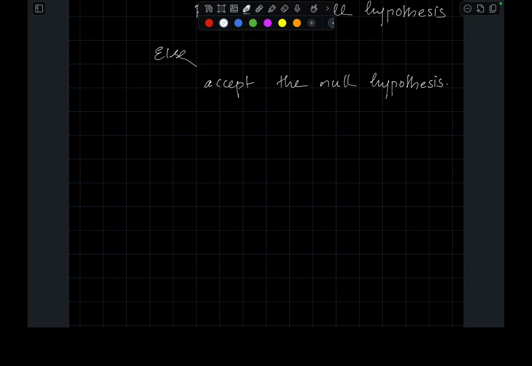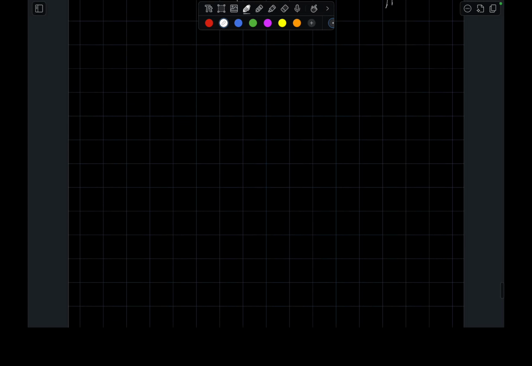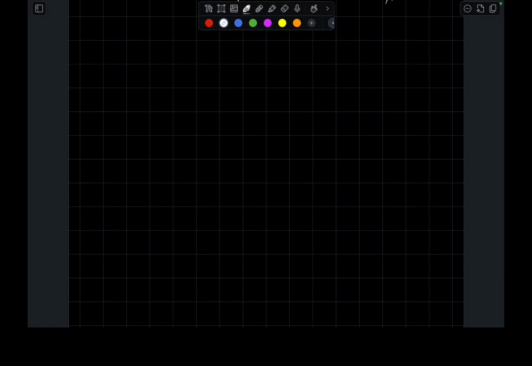And how are we doing that? We are doing that by checking if the p value is less than or greater than the significance value. These were the steps which we saw. So now we will see in detail how this hypothesis testing is done in each different case.